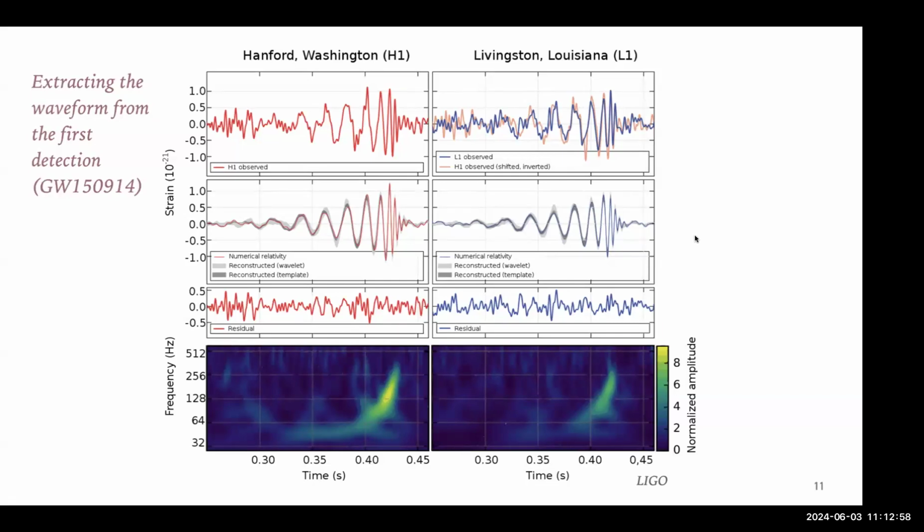And then you've also got models, which I will explain more about in a minute, for both the burst type, or the unmodeled way of looking, which is the wavelet approach, and the template. But point being, you get this data, you need to somehow make that look like a waveform in order to figure out what parameters led to it. And that's what's happening in this second panel. And then you can subtract that template from the data and you get a residual. And if that residual looks like noise, and then this is the time frequency plots for those.